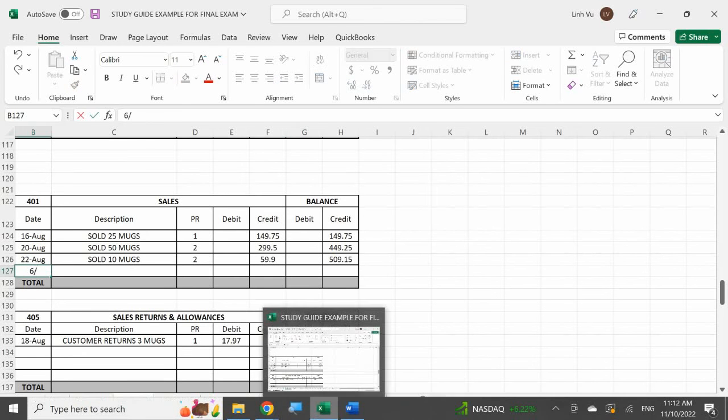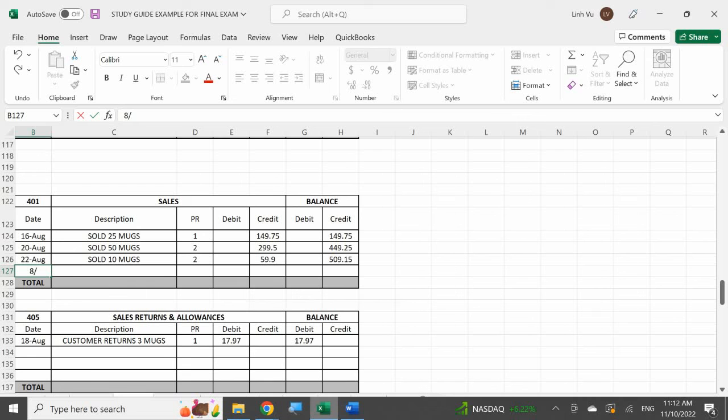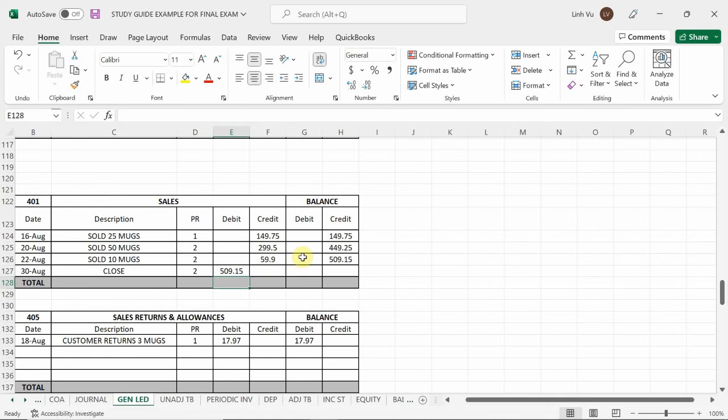Okay, so 8:30. I'm going to go ahead and put close. Okay, and we're on page 2 still, which means I'm going to be debiting my account for 509.15. So that should bring my account balance to 0, right? Because that's how we close out our revenues, by making the account balance 0.